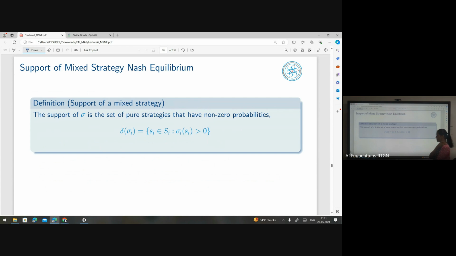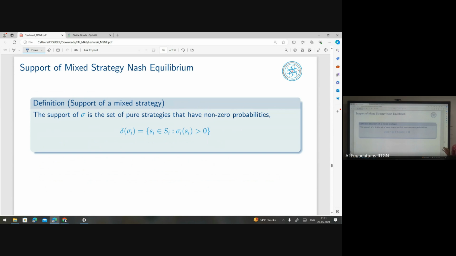That's the support. So the support is defined for the mixed strategy sigma. The set of pure strategies, which is denoted by delta. So delta of sigma I, for a particular agent I, is the set of all those strategies for which the probability it assigns is strictly positive. That is the support of this particular mixed strategy.